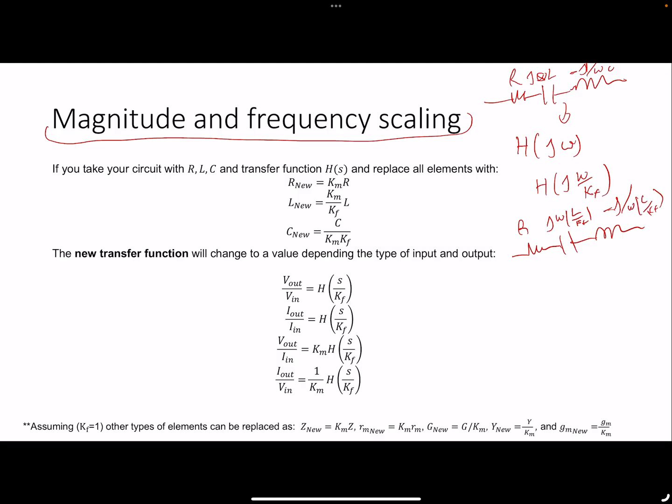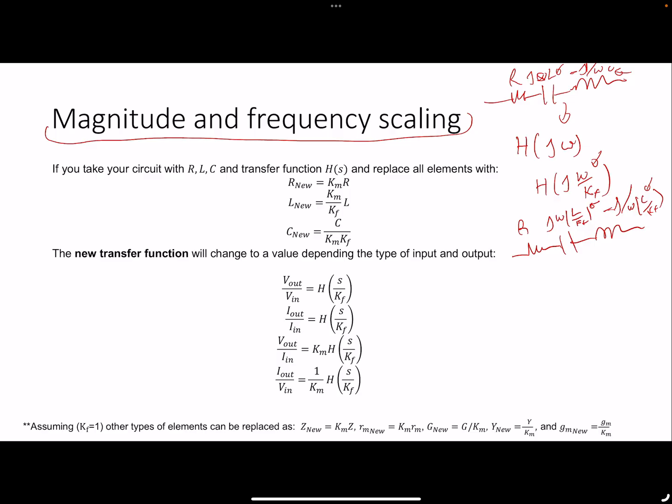That gives you a recipe to change the capacitances and inductances so that your frequency response has been frequency scaled. Since you changed everything dependent on omega by omega over Kf, the relationships would scale, and you're going to end up with an H of omega over Kf.